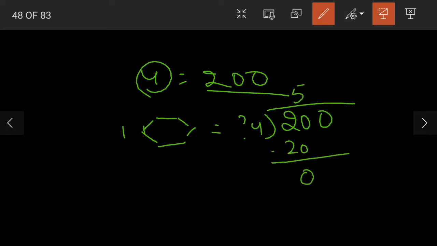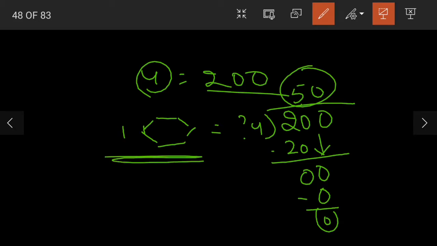When we subtract, 0 is remaining, 0 brought down. 4 zeros are 0. When we subtract again, 0 is our remainder. So what is the quotient here? 50. So what is this 50 here? One block is equal to 50 rupees.